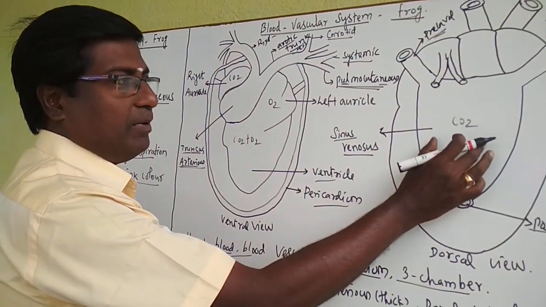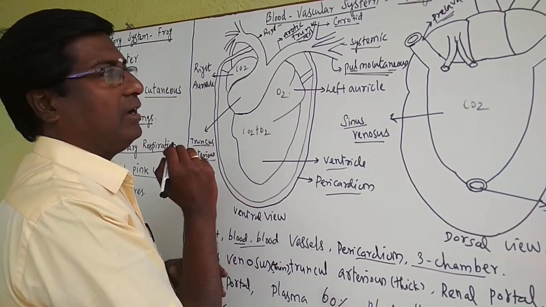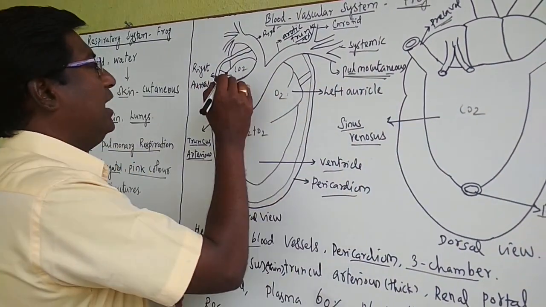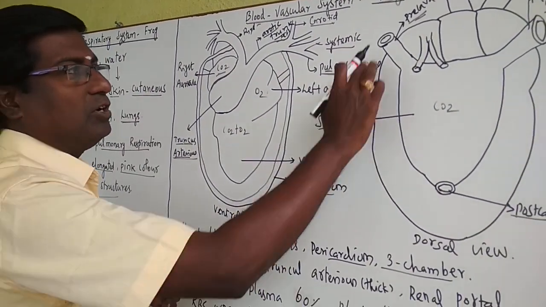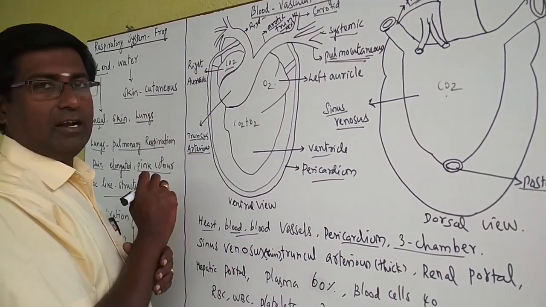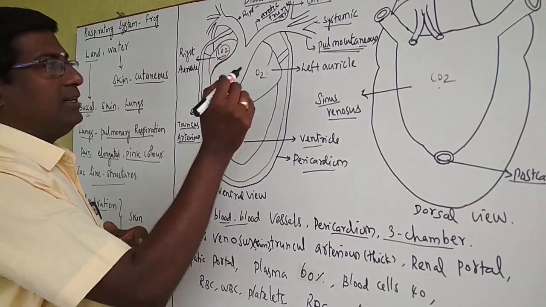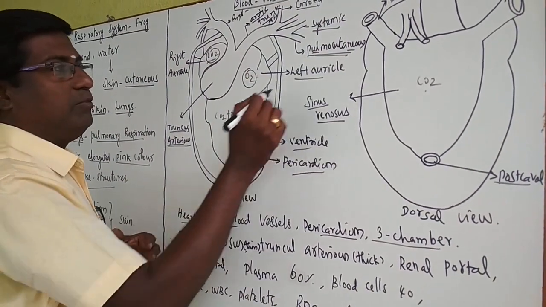It collects the carbon dioxide blood and then the blood is delivered to the left auricle. Sorry, receiving the carbon dioxide blood, this blood is delivered to the right auricle only. Delivered to which auricle? Right auricle. So it collects all the deoxygenated blood and delivers it to the right auricle. So the carbon dioxide blood is received by the right auricle, and in the same way the oxygenated blood is received from the lungs by the left auricle.